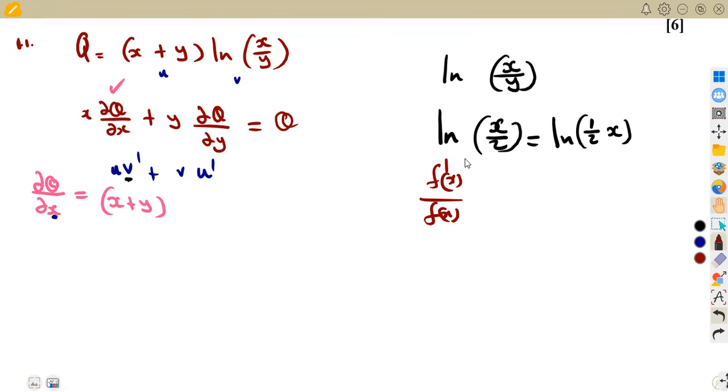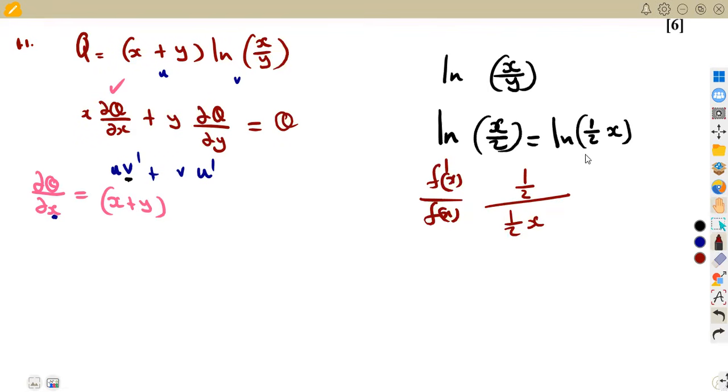We talked about this. So as we are differentiating with respect to x, we are going to have the first derivative, which is a half in this case, over f of x, which is a half of x.